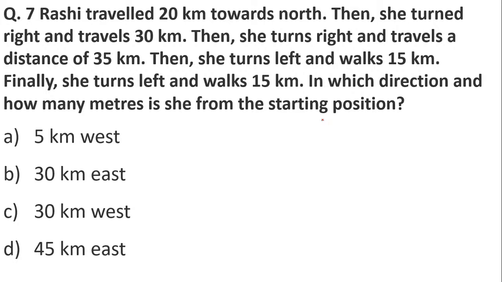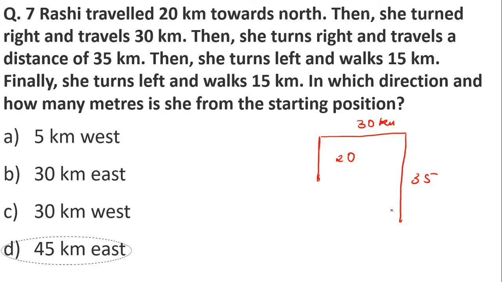See, in this question, don't be afraid if many values are given to you. If there are so many values given, like 20, then she turns left and travels a distance of 15 kilometers. Okay, 15 will be this much. And then she turns again left and travels a distance of 15 meters.